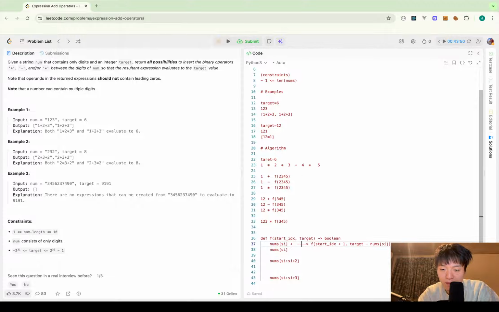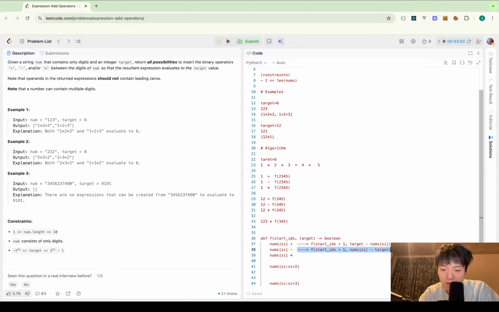And if I take minus, and if I take multiplication, in this case I will check whether I can create the target, no, num[si] minus target. I will try to create this one later.